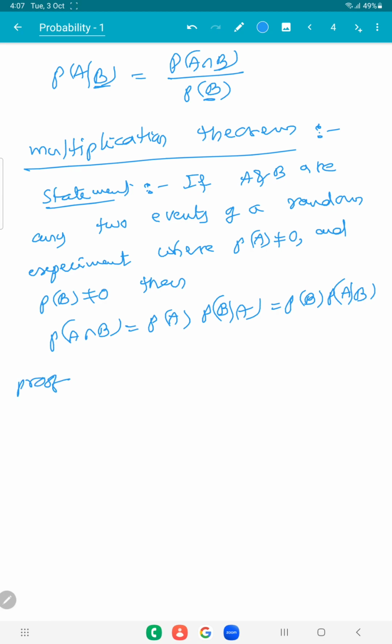If you know the definition of conditional probability, the cross multiplication is the multiplication theorem.